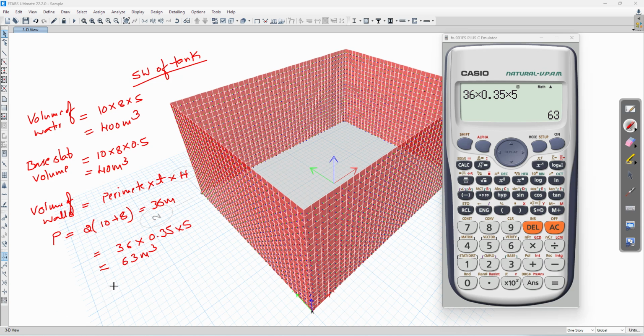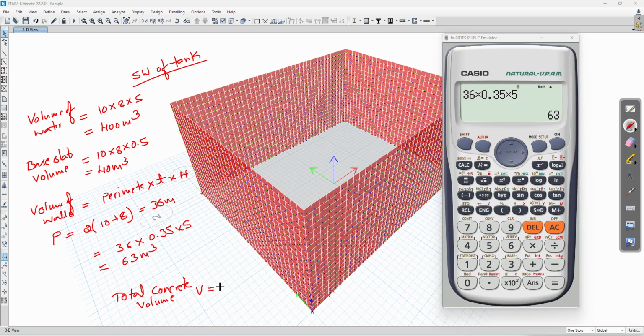So the total concrete volume will be slab plus walls.